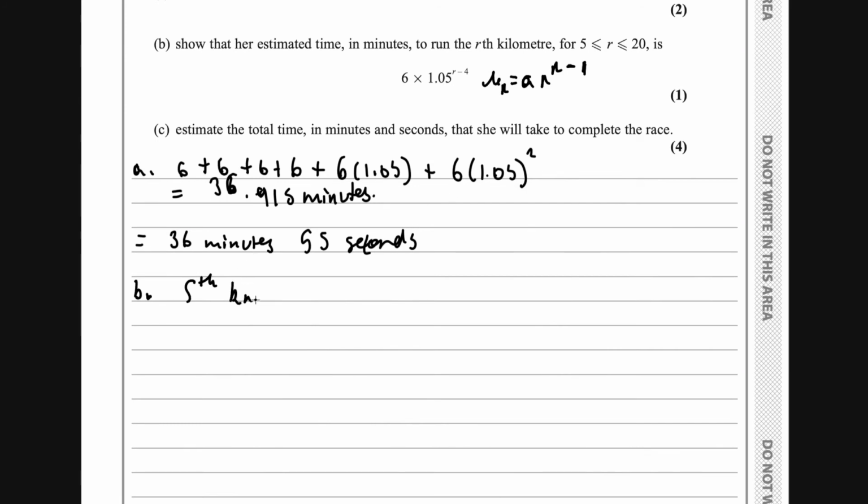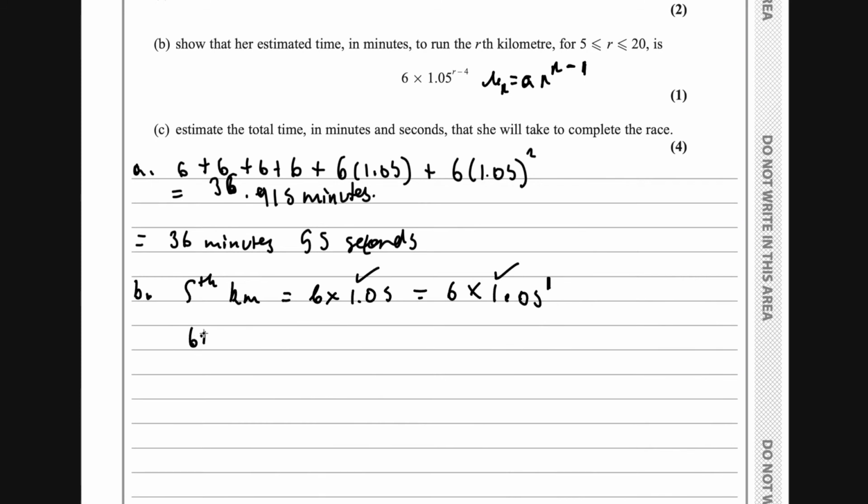So the 5th kilometre is obviously going to equal 6 times 1.05, which is going to be 6 times 1.05 to the power of 5 minus 4, which is 1, and indeed we can see that both sides of this match.